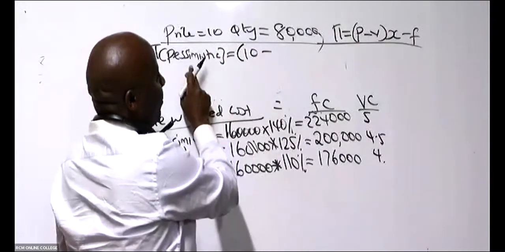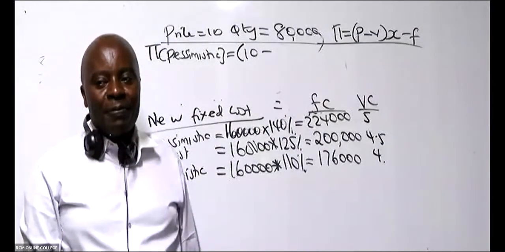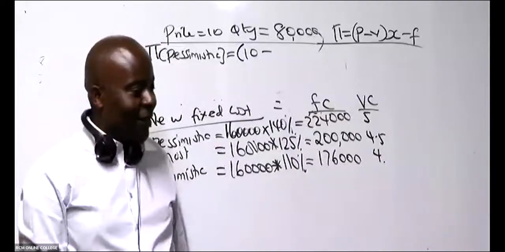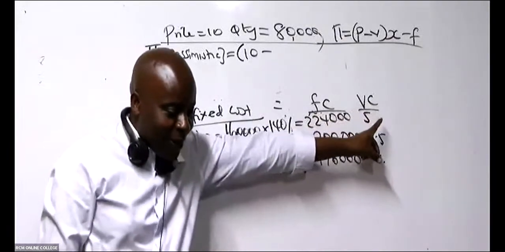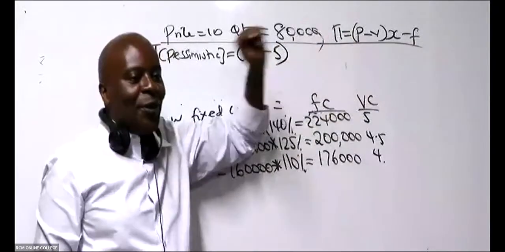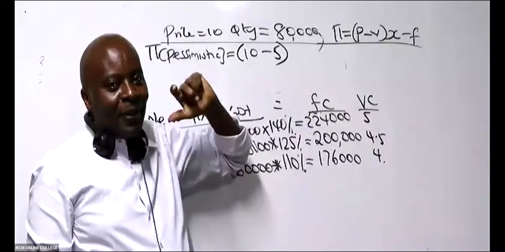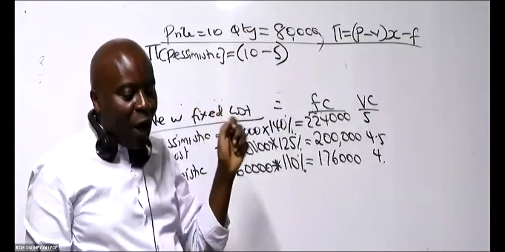If the pessimistic environment prevails, what will be the variable cost? Pessimistic is here. 5. Yeah. Multiplied by our quantity, following that equation for profit planning. So the quantity will be how many units throughout?